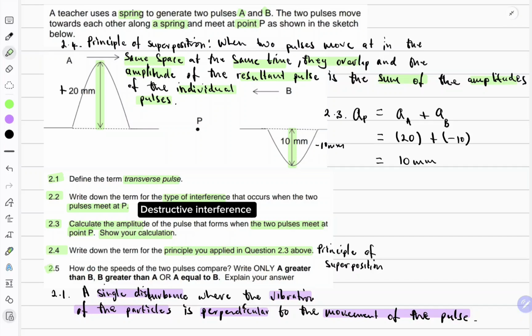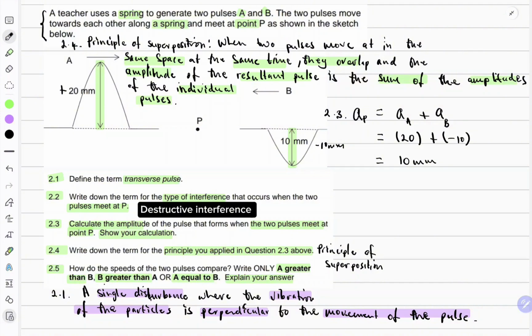So number 2.5 says how do the speeds of the two pulses compare? Write only A greater than B, B greater than A, or A equals B. Explain your answer. Well, we saw in the scenario that the pulses are created by the same medium, which is a spring. So the pulses therefore move at the same speed.